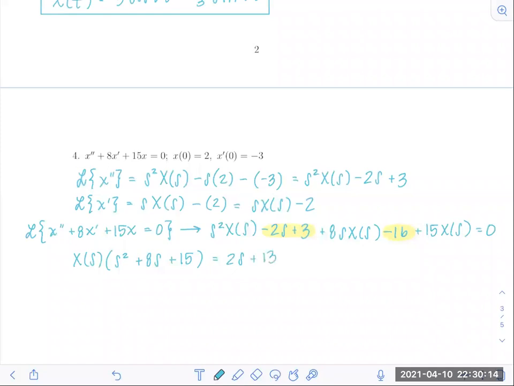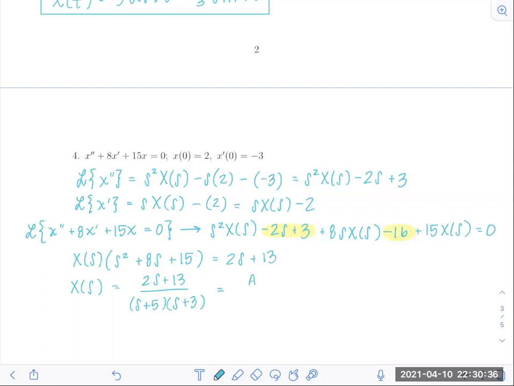All right, so I'm going to go ahead and divide here to solve algebraically for X of s. And I'm just going to go ahead and factor that denominator. That factors to s plus 5, s plus 3. And in order to find the inverse transform, I'm going to have to split this up by way of partial fractions.